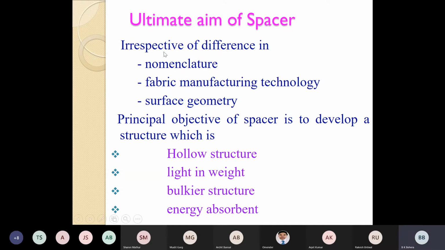Whatever may be the purpose, it may be different in nomenclature, different in manufacturing technology, different in surface geometry, as I said, uneven, even. But the basic purpose of producing spacer fabric is to achieve these four principal objectives: hollow, light in weight, bulkier, energy absorbent. I have already explained what energy absorbent is.